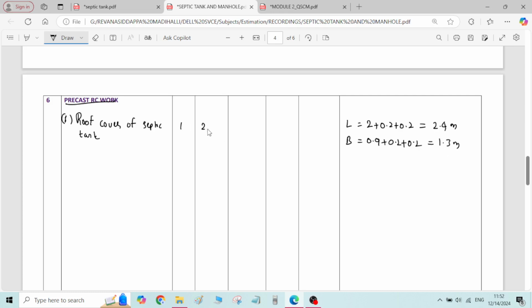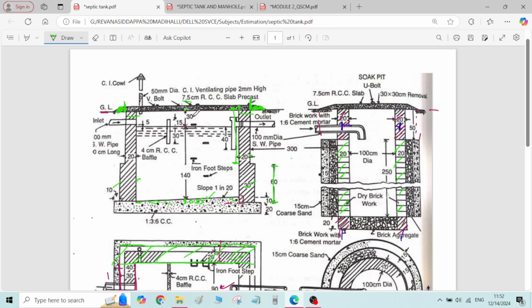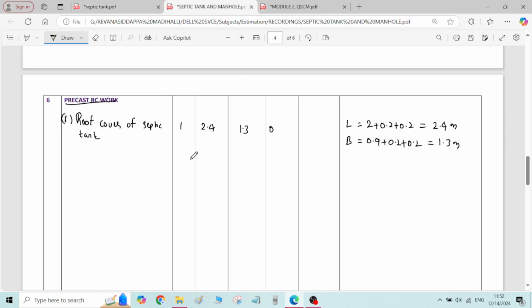So 2.4 meter is the length, 1.3 meter is the width, and thickness of the RCC slab is 7.5 centimeter, 0.075 meter. Quantity that you get is 0.234 cubic meter. So the roof cover calculation for the septic tank is over.